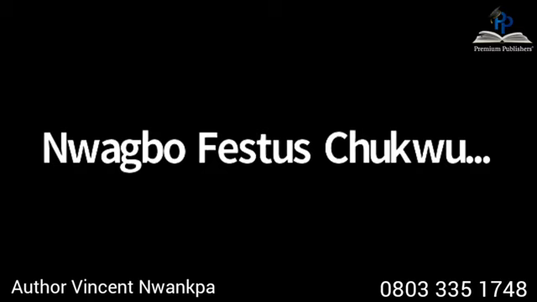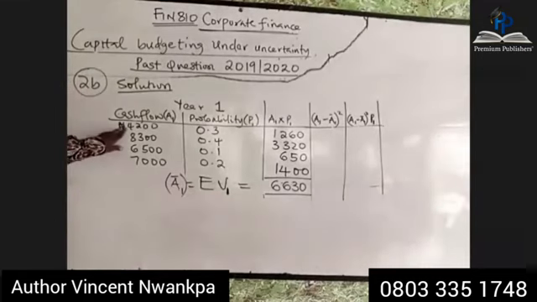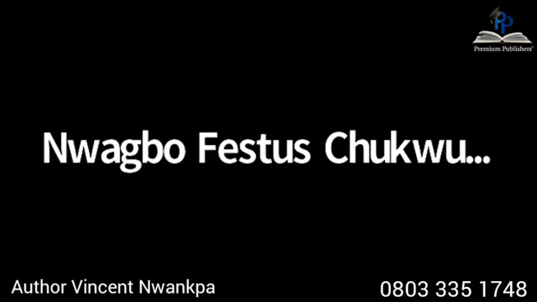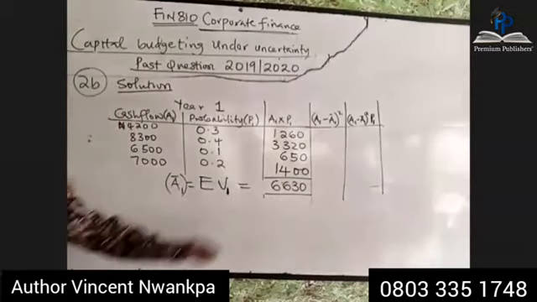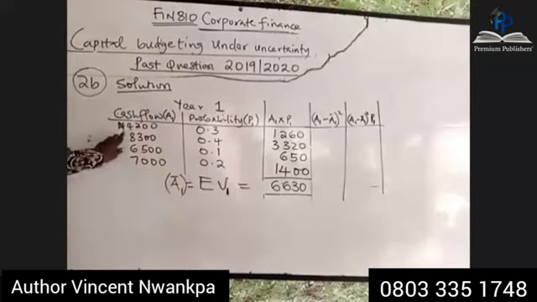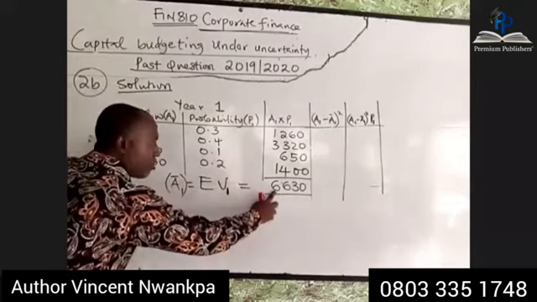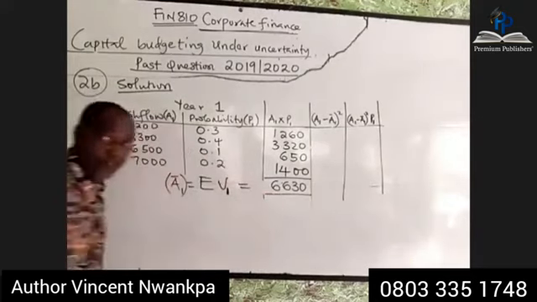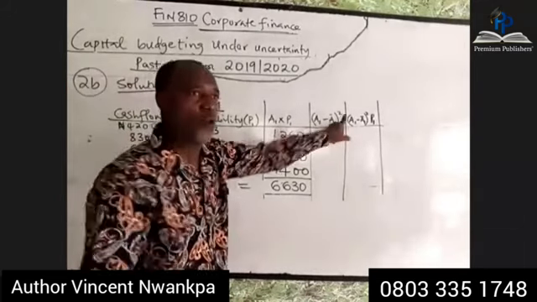Okay, so in this case, what we are going to be doing: 4,002 minus 6,630. I hope you know that in the bracket, A1 is 4,002 minus 6,630. What do you have? Square it.